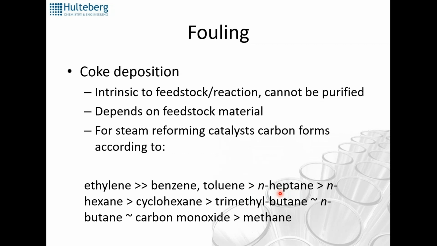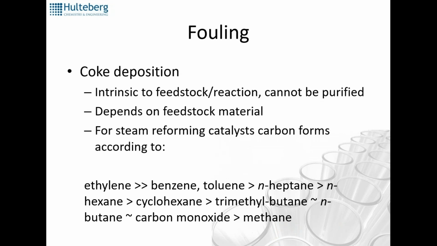So n-heptane is worse than n-hexane. But the cyclical versions of the molecules, the naphthenes, are less carbon forming, and branched molecules are also less carbon forming than the naphthenes. And the smaller the molecule, again, the more carbon forming they are. CO and methane: methane is the most straightforward one to process.